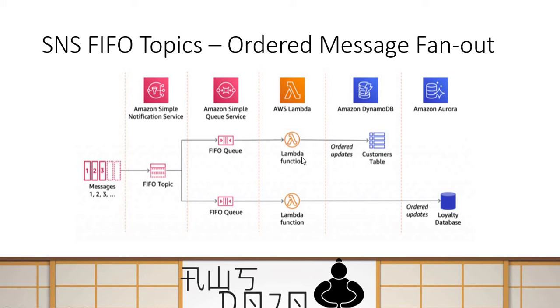But whatever processes your message, whether it's a Lambda function in a push mechanism, or some kind of container task or batch process running inside an EC2 instance or somewhere else, if it tries to fetch the message from the queue, it will also get the same FIFO behavior, ordered messages, and then it will process them the way it wants to. So you can really create an ordered message fan out architecture or design like this, where your messages are processed end to end in an ordered fashion.